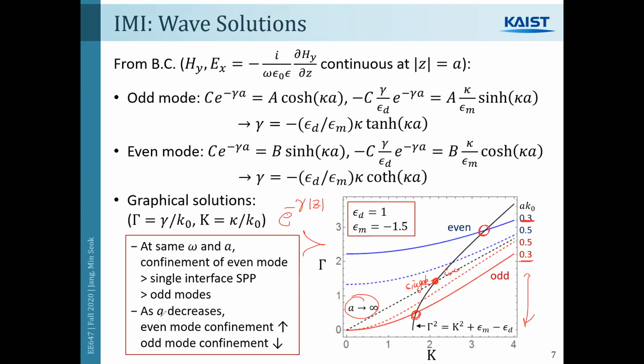As A decreases, so as the thickness gets thinner and thinner, the even mode becomes more and more confined, and the odd mode becomes less and less confined. That's what you can extract from these graphical solutions. I guess this is easy enough.